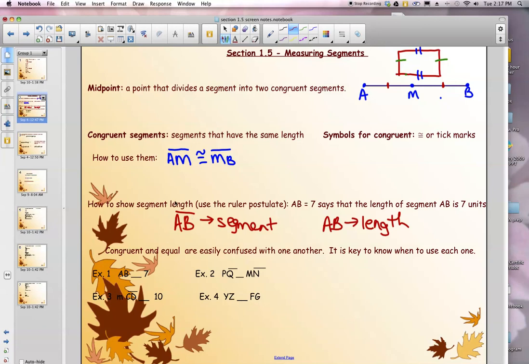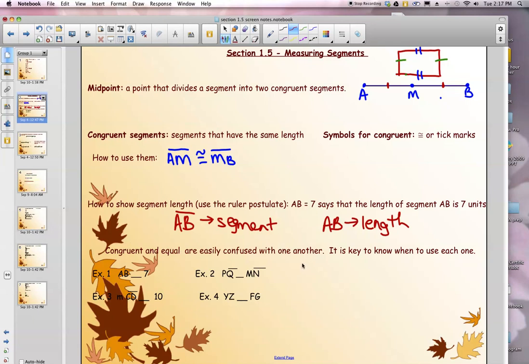When we talk about segments, and they're the same length, we would say that they're congruent. But when we're talking about lengths, then we're talking about numbers, and in that case, we'd only use the equal sign. I know that congruent and equals easily get confused.